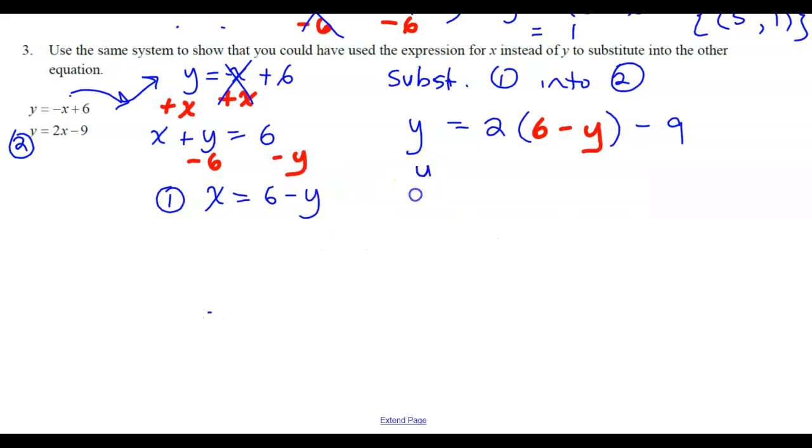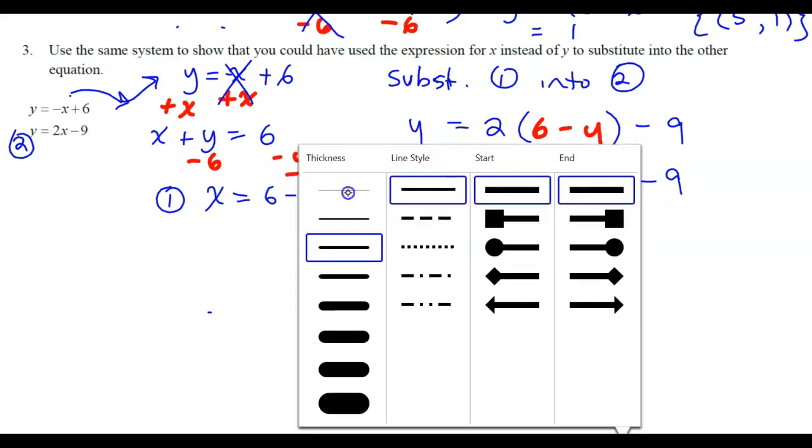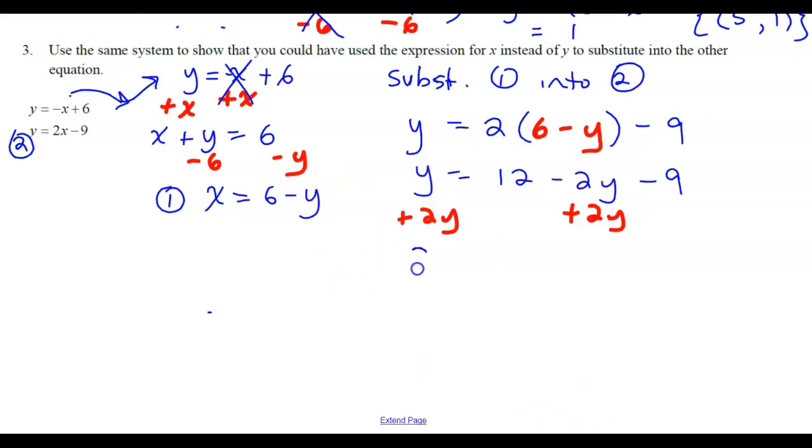So now when I simplify that, that's going to be 12 minus 2y minus 9. I'm going to add 2y to both sides and collect the constant terms. So that'll be 3y equals 3, so y equals 1.